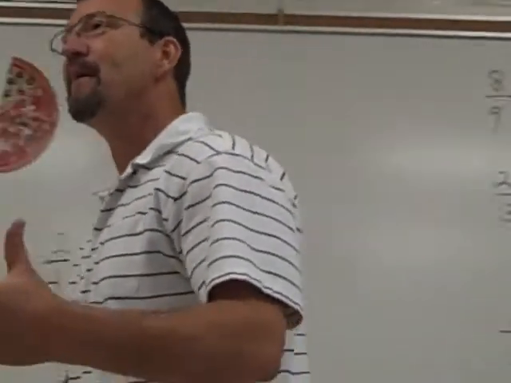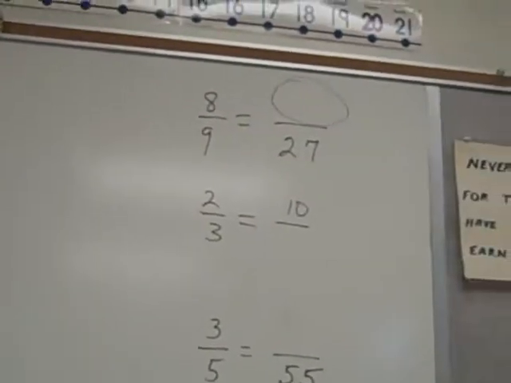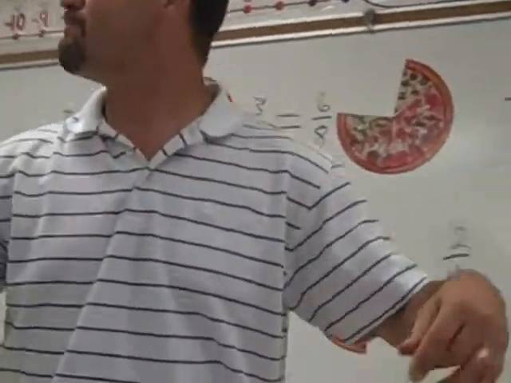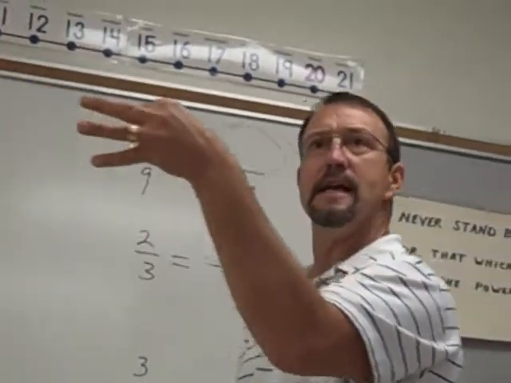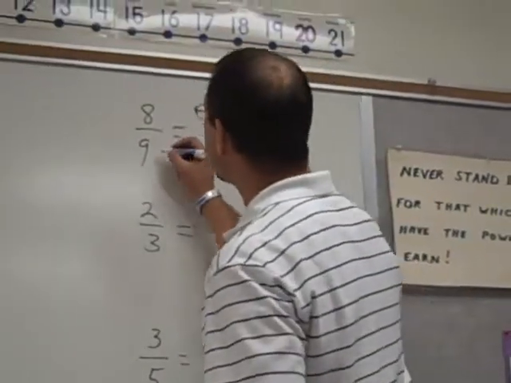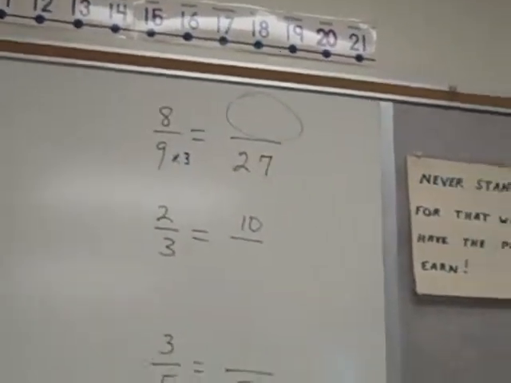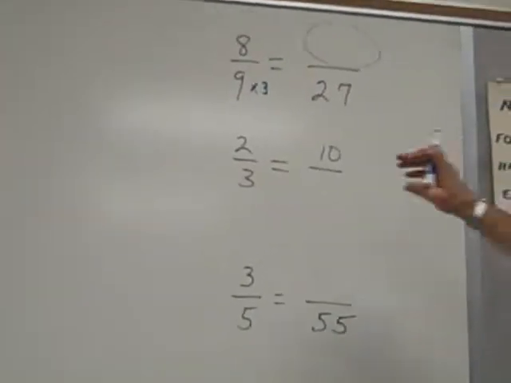And don't just say magic. Something mathematically happened for 9 to turn into 27. It got multiplied by 3, didn't it? This is how did. It got multiplied by 3. So I'm going to write times 3.